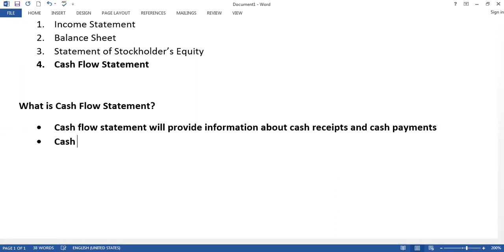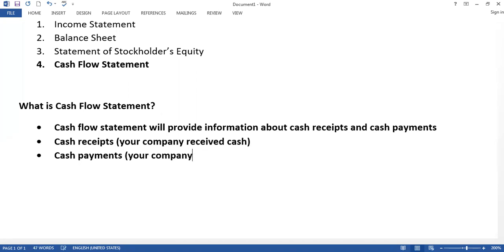So here cash receipt means your company received cash, then cash payments means your company paid cash.